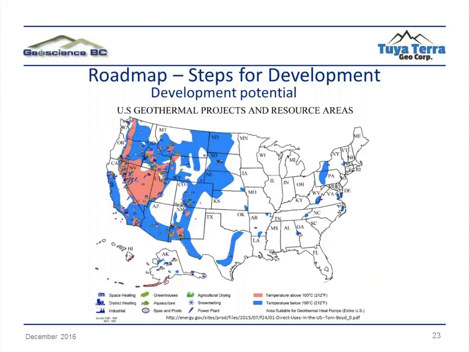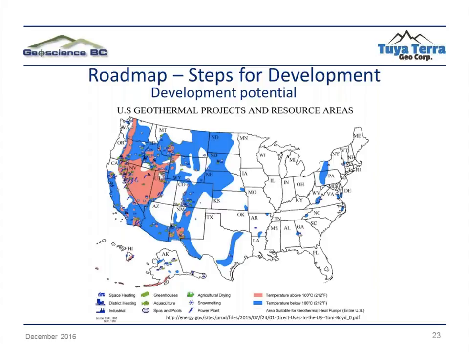And what you've got here is a map showing examples of where space heating or district heating is used, where geothermal resources are used for industrial applications or greenhouses, aquaculture, spas and pools, agricultural drying, and they also use it for snow melting. And then you've also got these sites put into context with where power plants have been developed in the States.